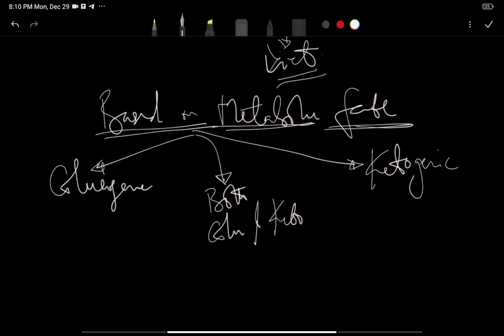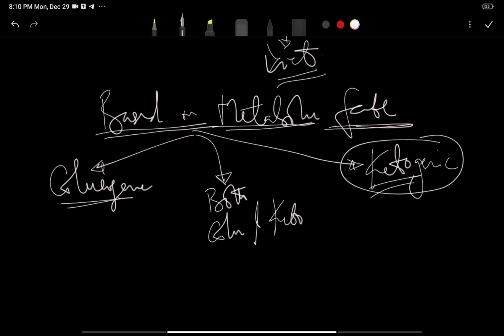Now, when we say based on metabolic fate, it means that if we break down the amino acid, will it form glucose for us? As if we want to use the amino acid to form energy now, will it form glucose or will it form ketone? So glucogenic means glucose generating amino acid. Ketogenic means what? Ketone generating amino acid.